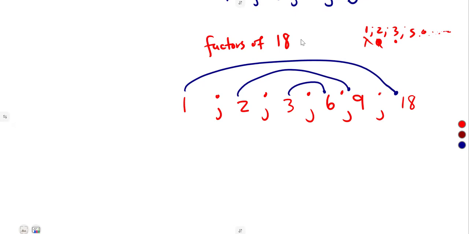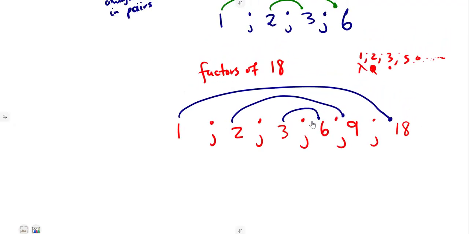On these factors, we also have what we refer to as composite numbers. Composite numbers are those numbers that have more than two different factors.